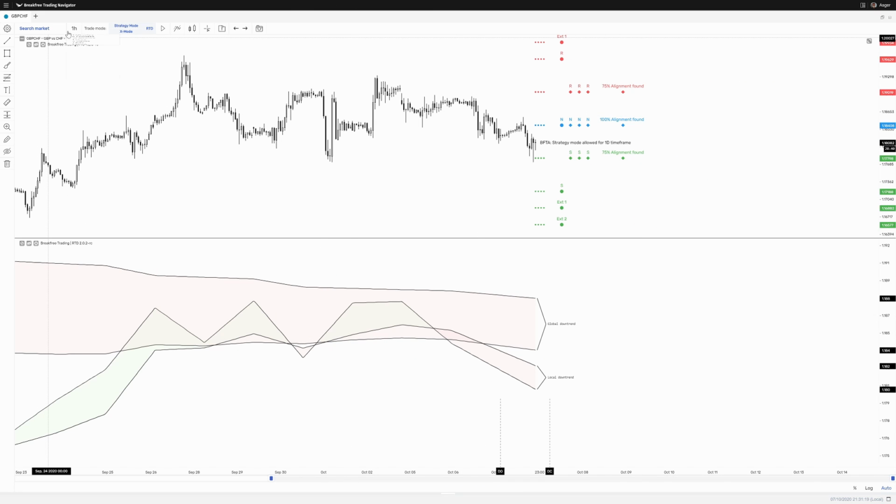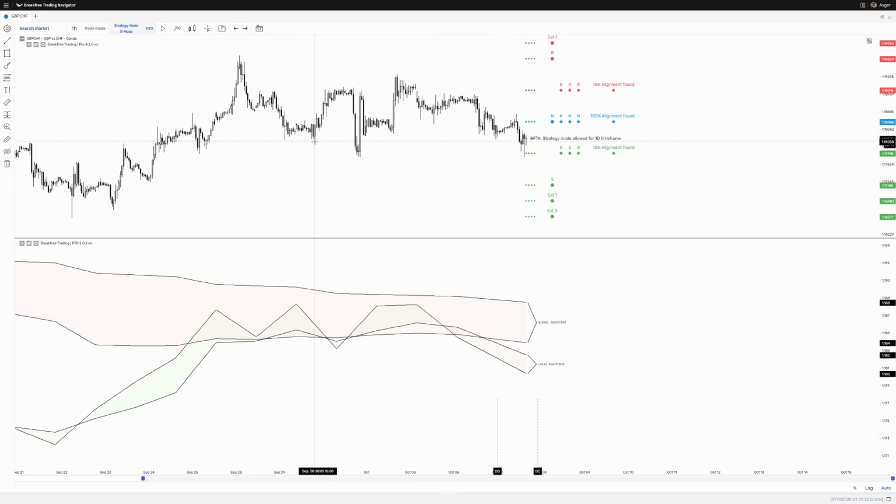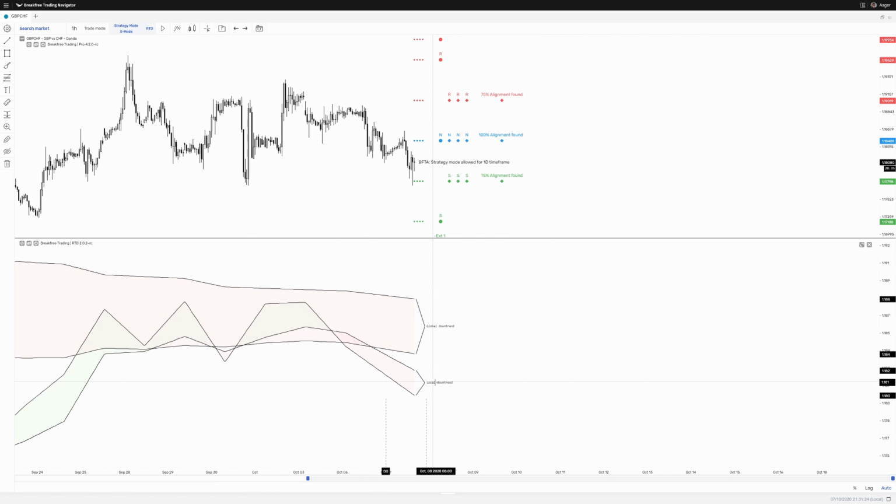Now, GBP CHF here is really interesting, because GBP CHF right now is giving us a local downtrend and a global downtrend at the same time. Furthermore, the local downtrend is trading below the global. So there's a couple of different parameters here. What this is telling me right now as an intraday trader or as a scalper, not as a strategy trader, but as an XMO trader or as a scalper, is that I can basically short any 75 or 100% alignment level, and I can, with very high probability, tell you that's going to be a very good trade.